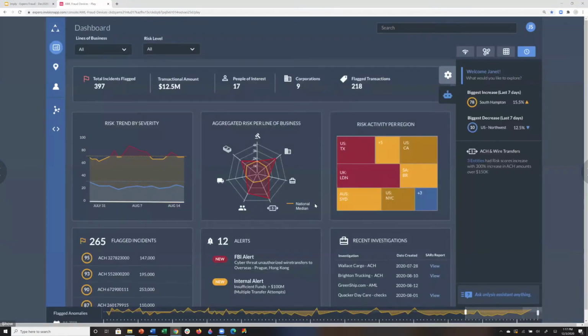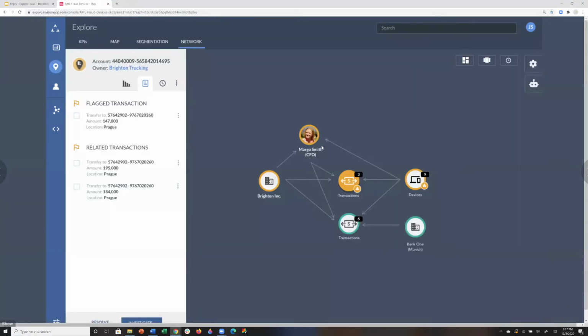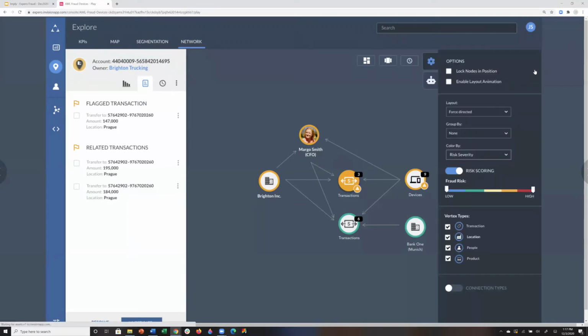The second vignette is something that we can do now where we can actually dig in and we can go look at that company and we can say, well, here's our friend again, Margot. We can actually see what she's doing over here. And now I want to dig in more at the investigation layer. Well, again, I'm using the power of all this other technology in the human way that shows these different connections.